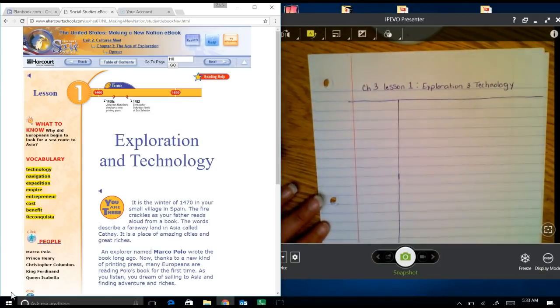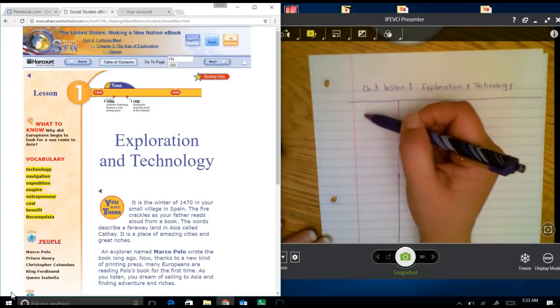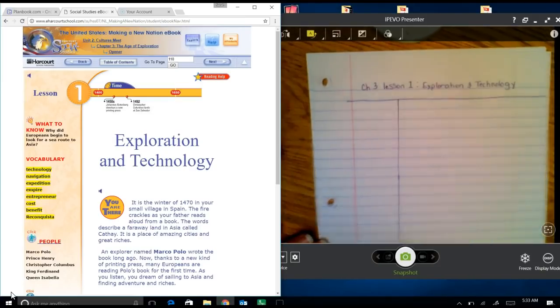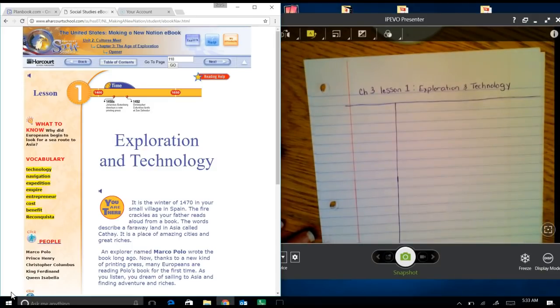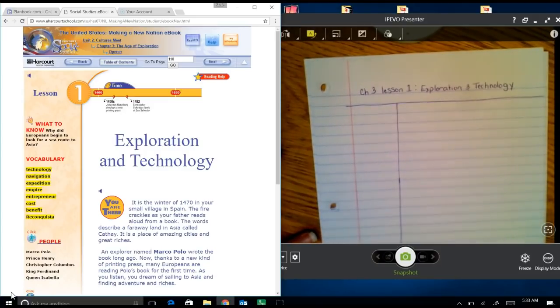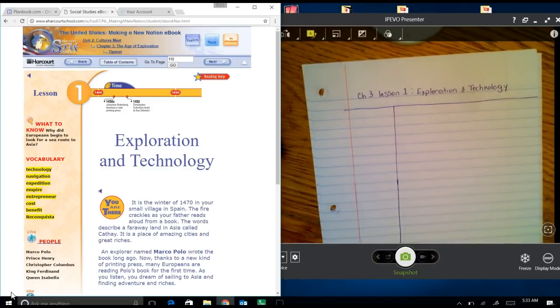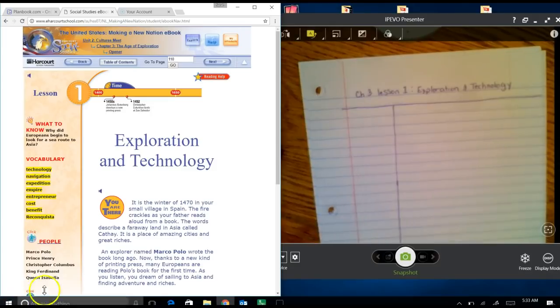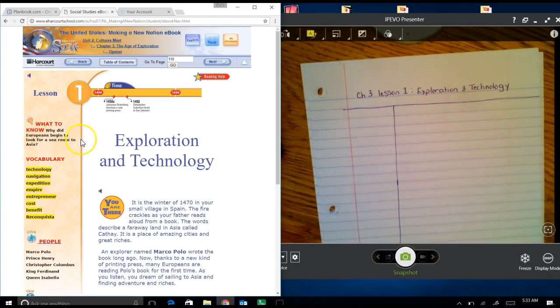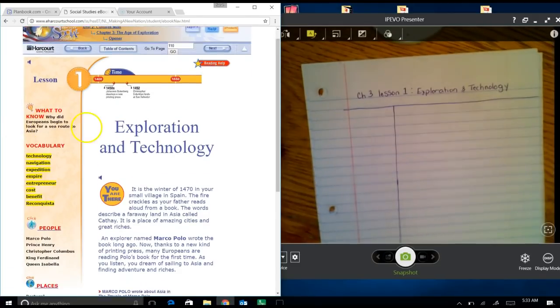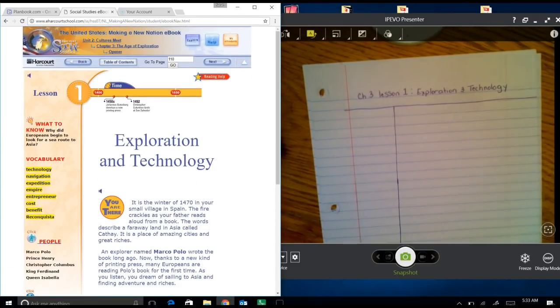Now, remember, the left side is going to be for your big ideas, your vocab words, and your questions, okay? One thing I want to point out before we get a lot into our reading, you will notice that the beginning of the lesson, right over here, has a what to know section, okay?